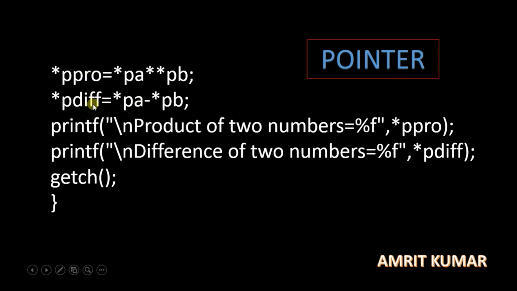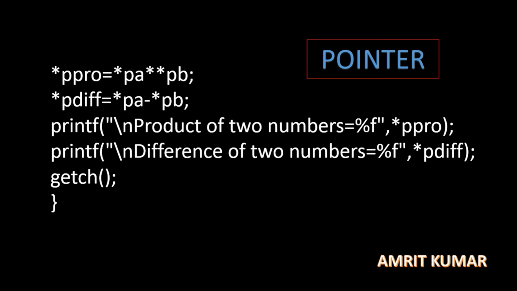After this I am printing our values: the product of two numbers is going to be this, and the difference of two numbers is going to be this. Whatever value it contains is going to be transferred here with the specified format. So this is the way to work and the concept behind the pointer in C language. This is a very interesting program with the concept of the pointer.